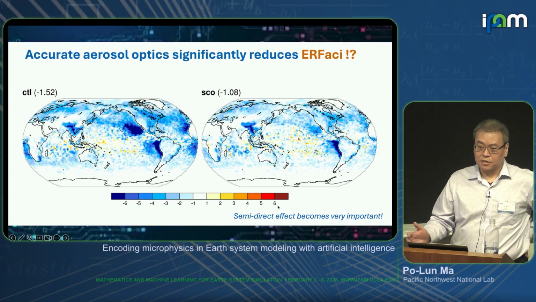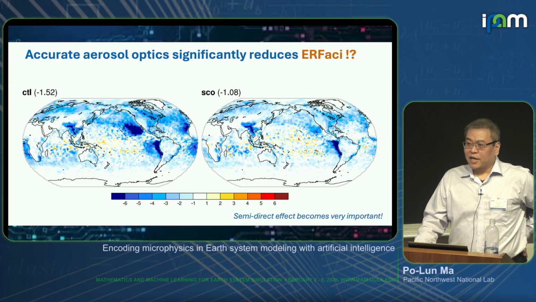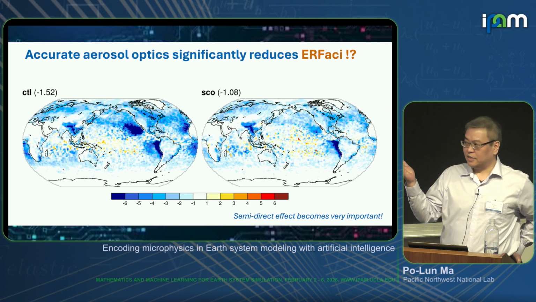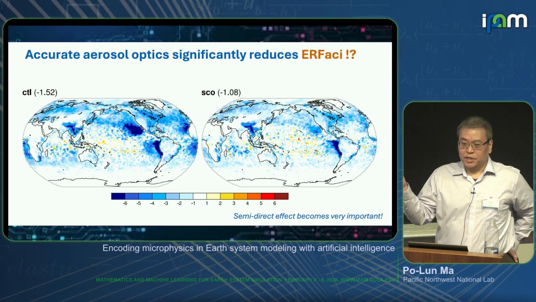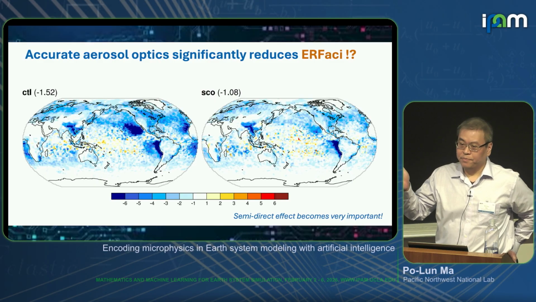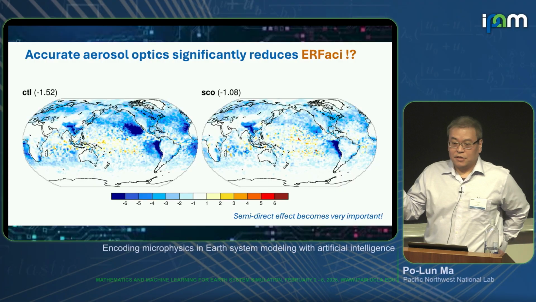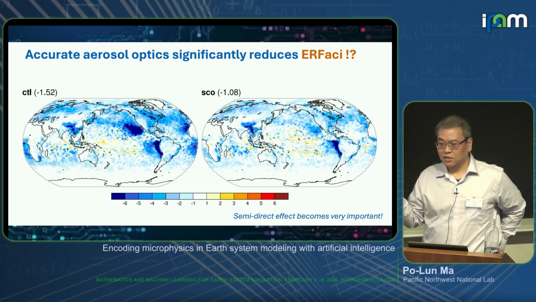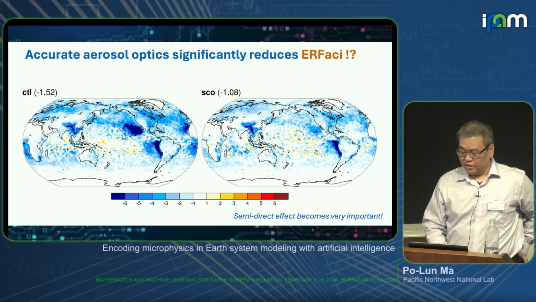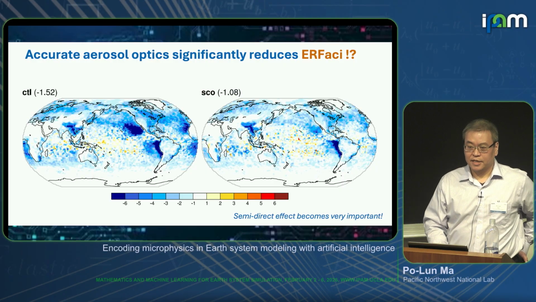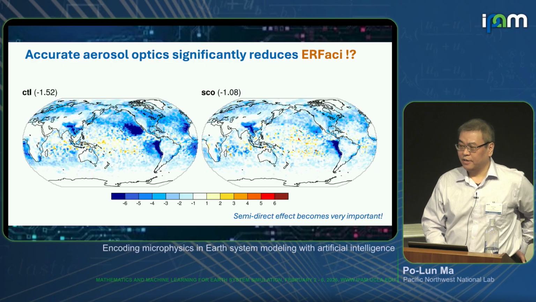It becomes dominant, actually. And semi-direct effect says that when aerosols in the air are absorbing radiation and heat the lower atmosphere, especially near the boundary layer top, it can evaporate the clouds. And so when it does that, this aerosol-induced cloud brightness effect is being offset and is weakened.